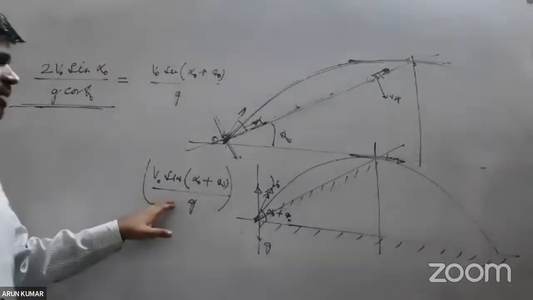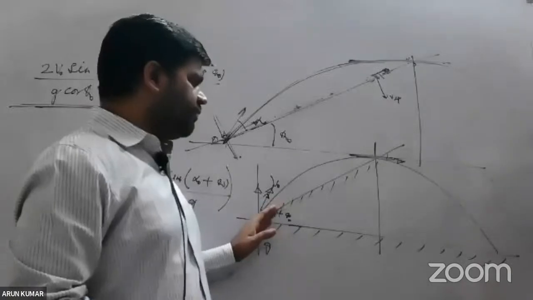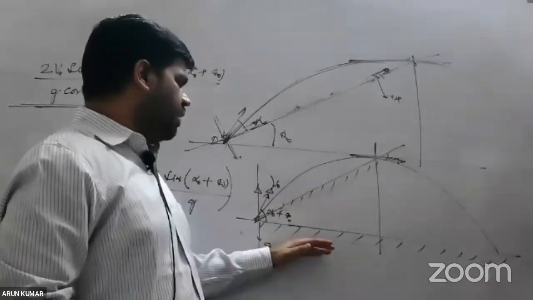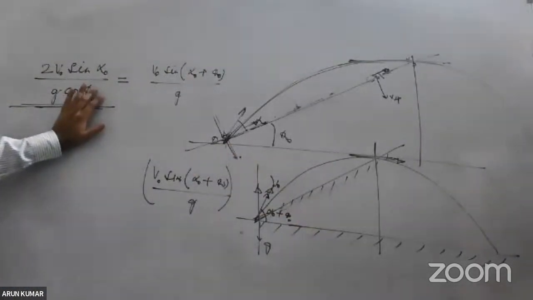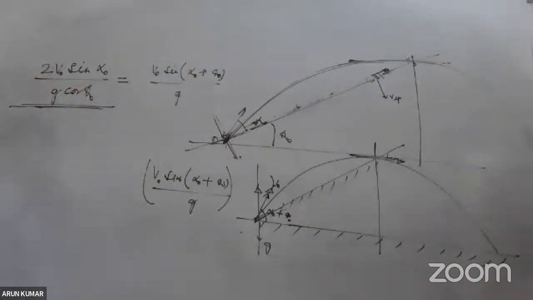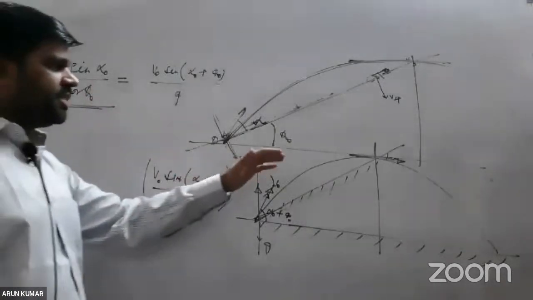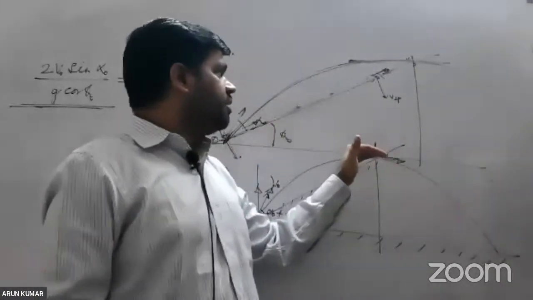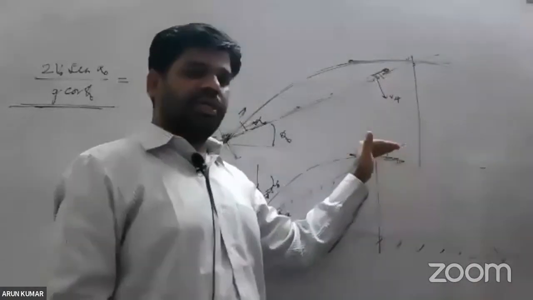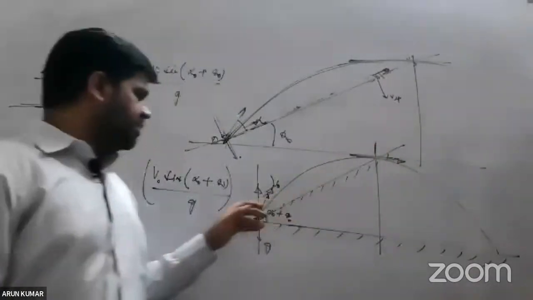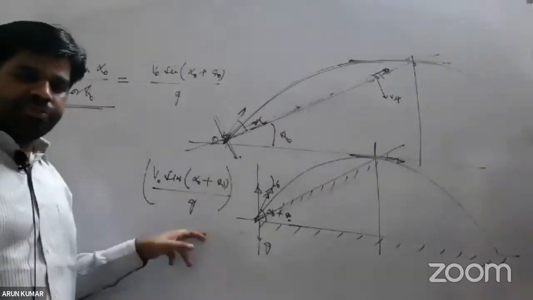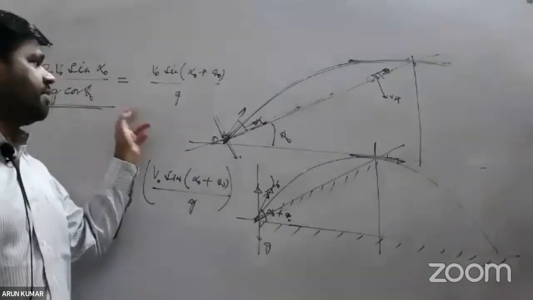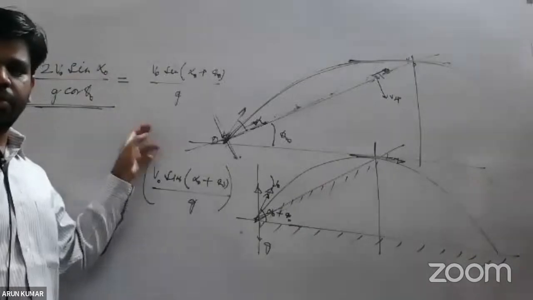So this is the time of ascent when I think in terms of a projectile on ground, and this is the time of flight for the particle projected along the inclined plane. These two times have to be equal because it is hitting horizontally. When will the particle be horizontal? After this much time. And that time should be equal to the time of flight on the inclined plane. So I'm equating these two times. I hope this is clear now.